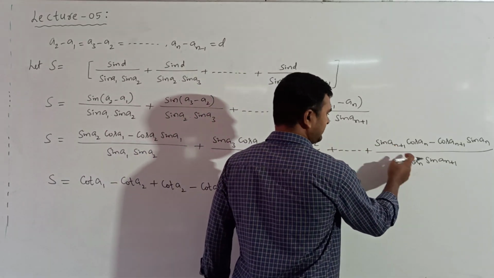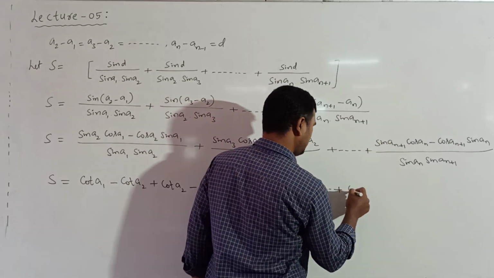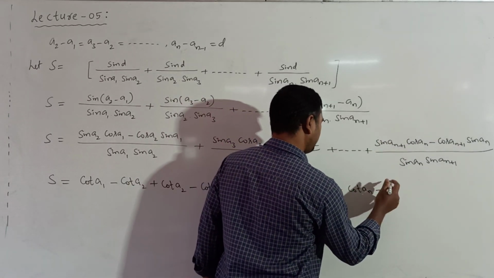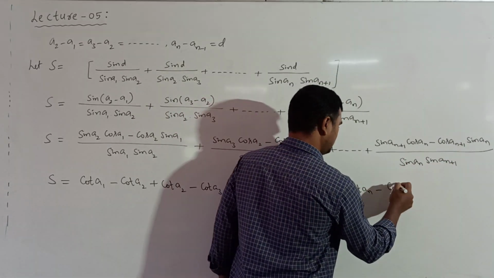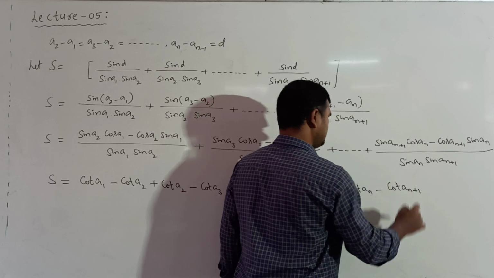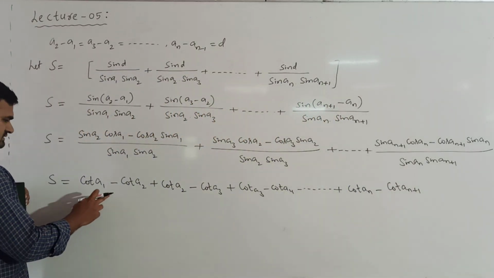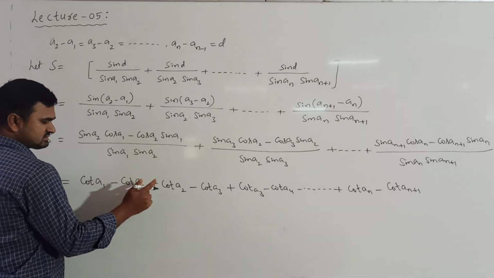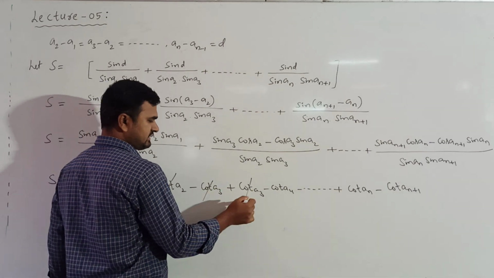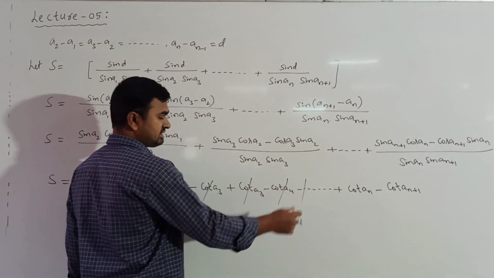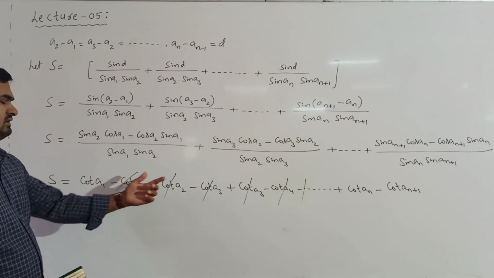Last terms, dividing, sin an plus 1 will get cancelled. So cot an minus, sin an will get cancelled, cot an plus 1. So this is the sum of terms. You can see minus cot a2 plus cot a2 will get cancelled. Minus cot a3 plus cot a3 will get cancelled. Minus cot next will get cancelled. So what will be the remaining terms?